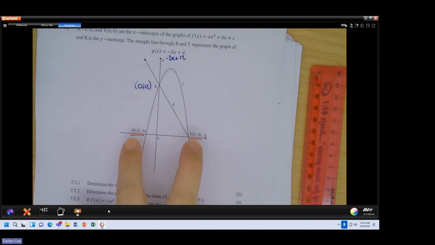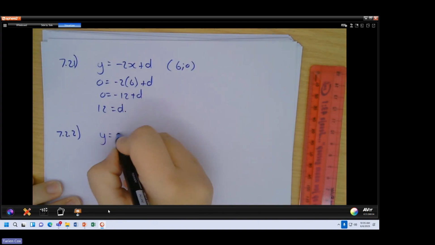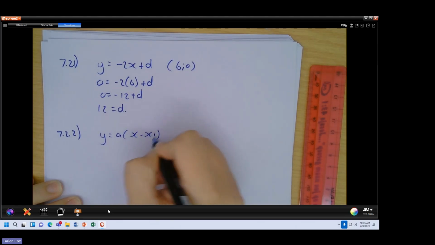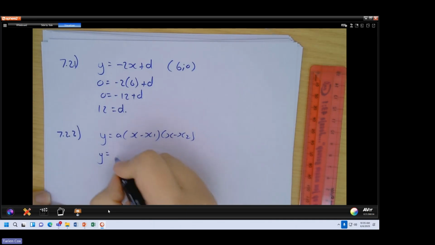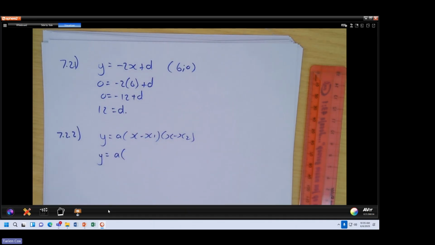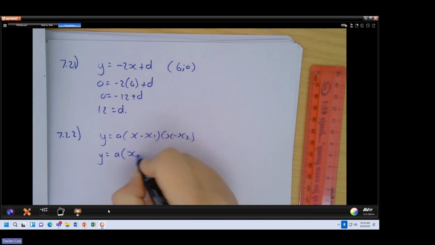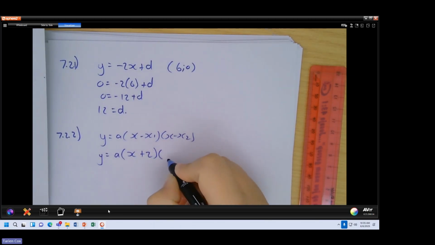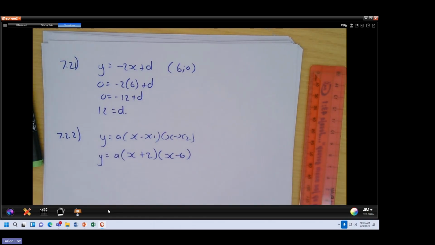So I've only received my x-intercepts and a y-intercept, which means I'm going to use that form. So here I go. The equation for that was y equals a(x minus x1)(x minus x2). If my x-intercept is at -2, then it must read x plus 2. And then the other one was at 6, so it will be x minus 6.